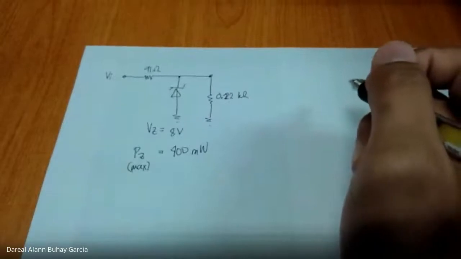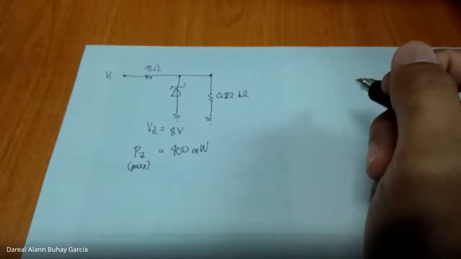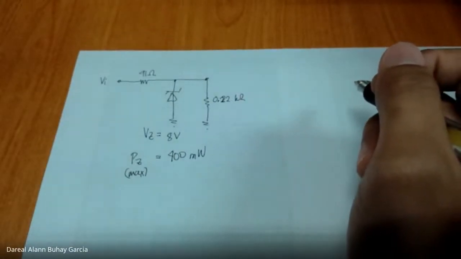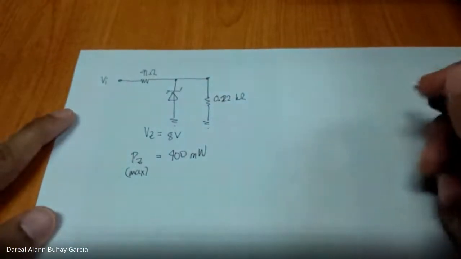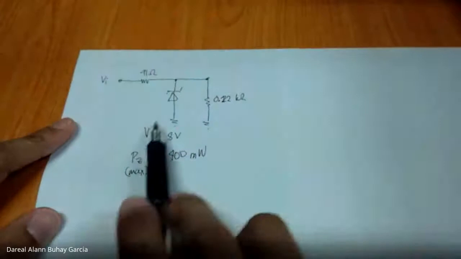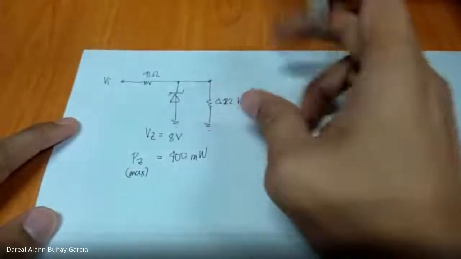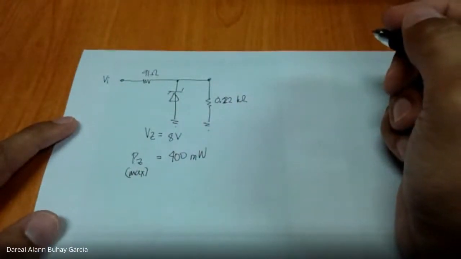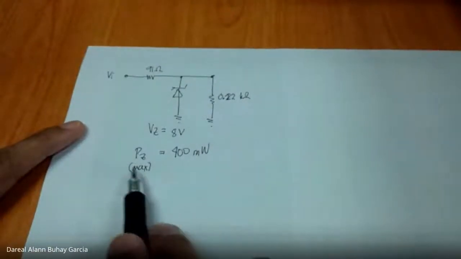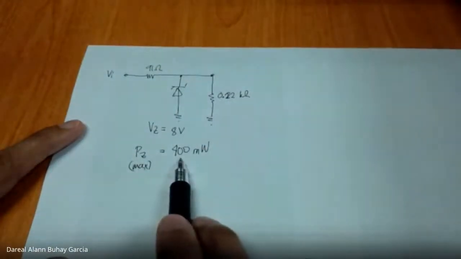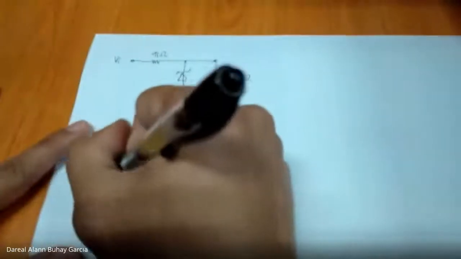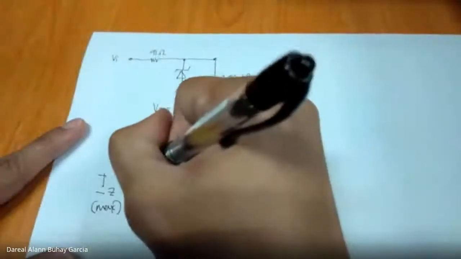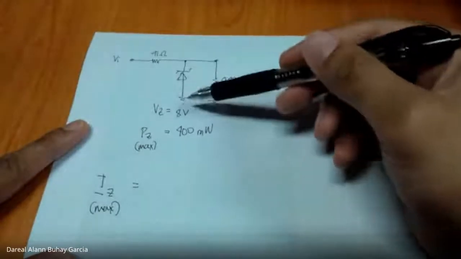I think it is the same as our earlier problem. VZ is 8 volts. The power rating of this diode is 400 milliwatts, so we solve for IZ max, the maximum current flowing here.